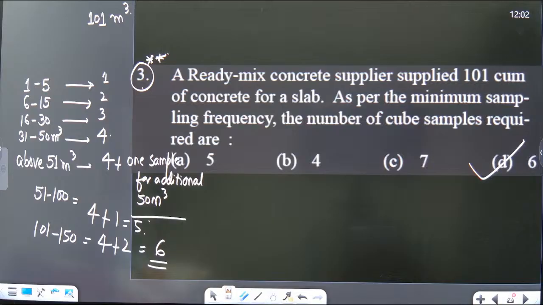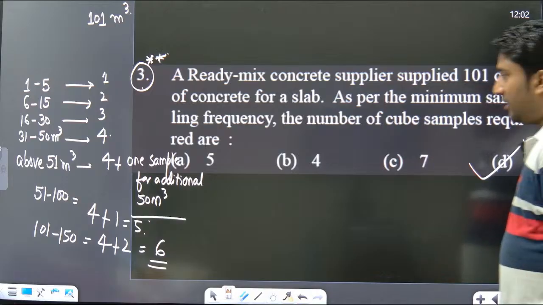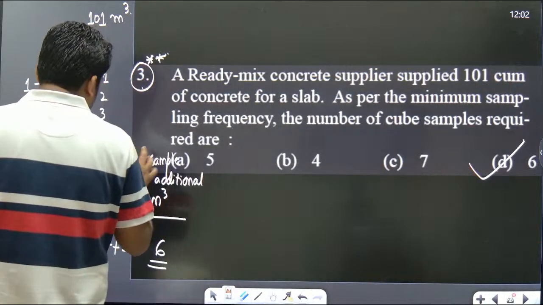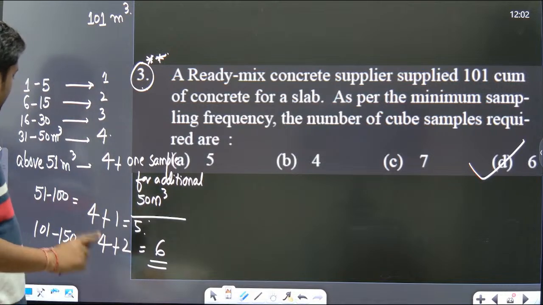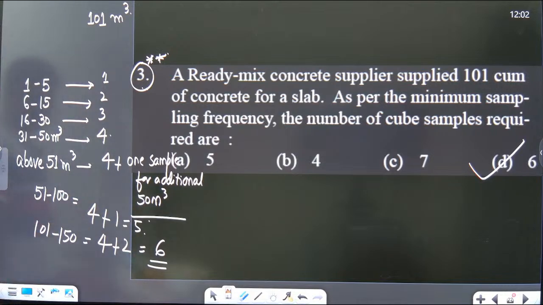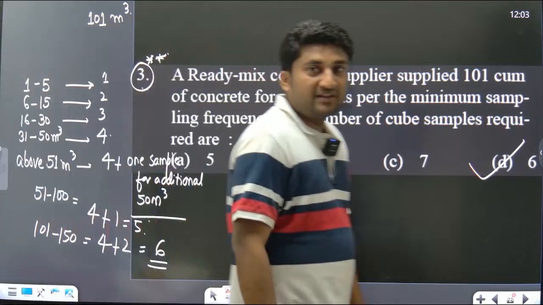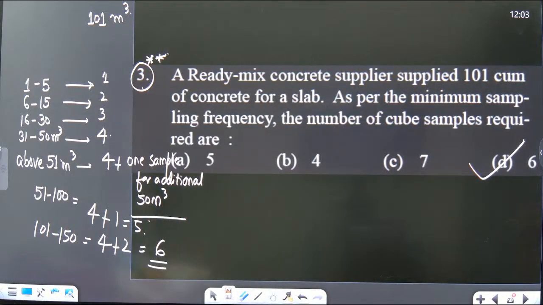For now, 4 plus 1 sample for additional 50 meter cube. Yes, for 101 cubic meter, option D is the correct answer.